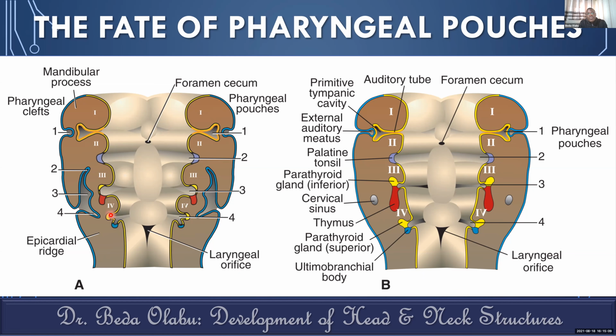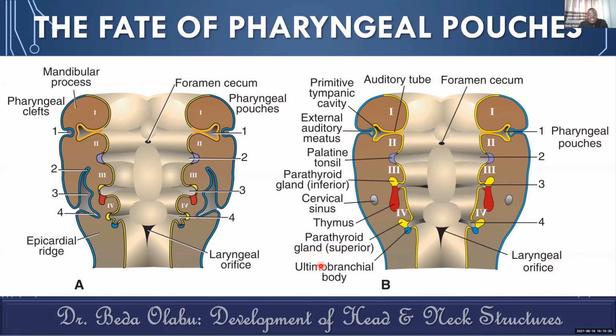When the fifth pharyngeal arc involuted, what was supposed to be the fifth pharyngeal pouch then merged with the fourth pharyngeal pouch. And what was supposed to be the fifth pharyngeal pouch is what we call the ultimobranchial body.